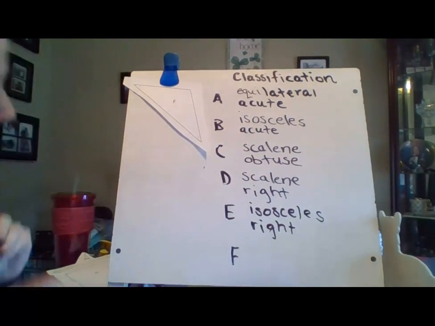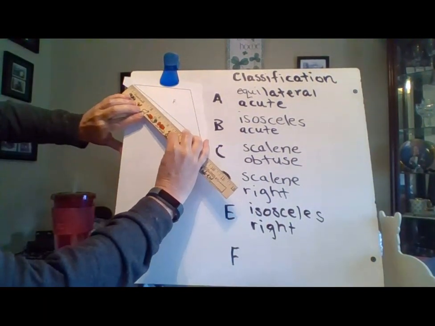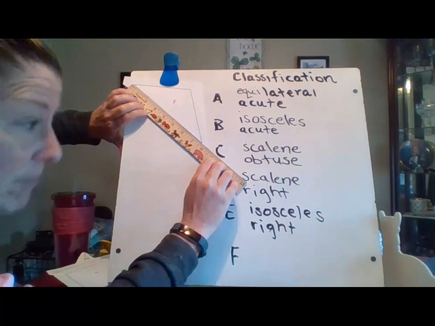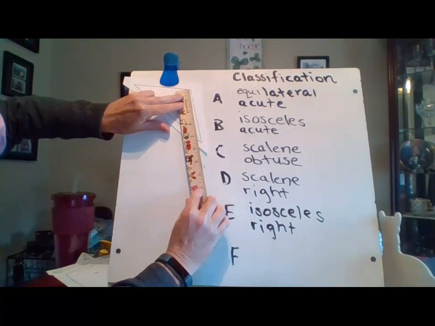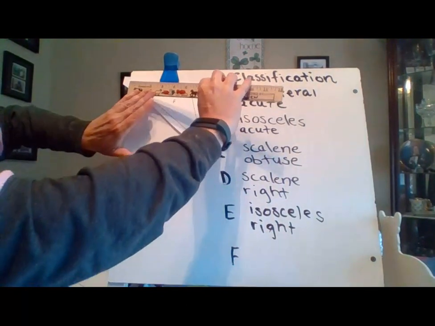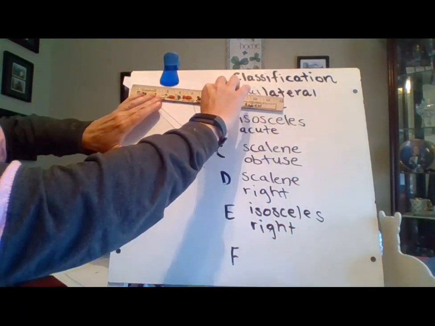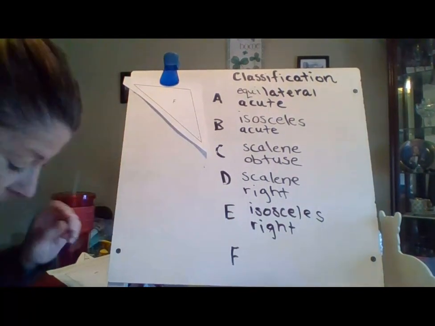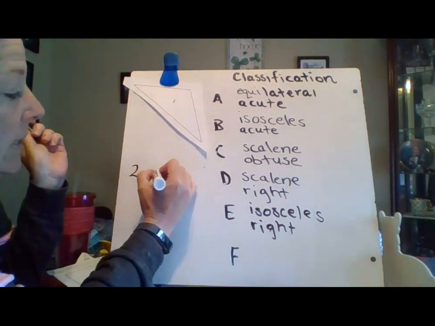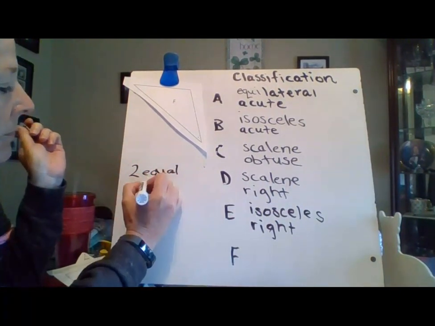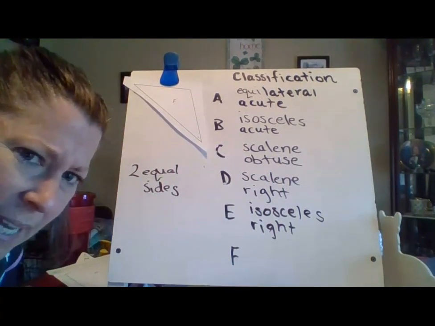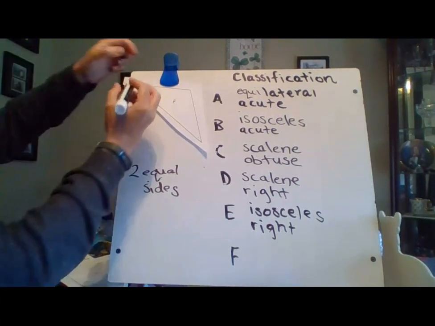All right, letter F. 7.5, 4.5, 4.5 again. So that was 2 equal sides. But now let's look at the angle.